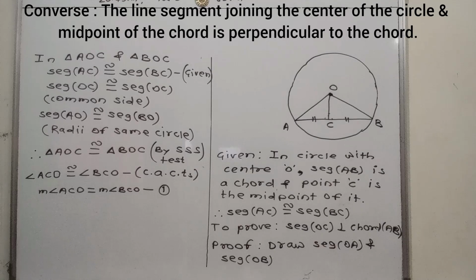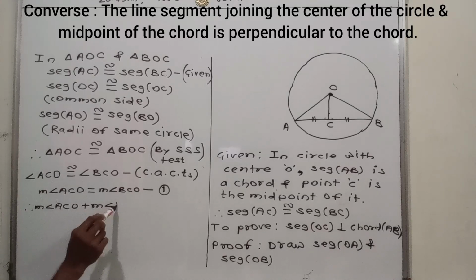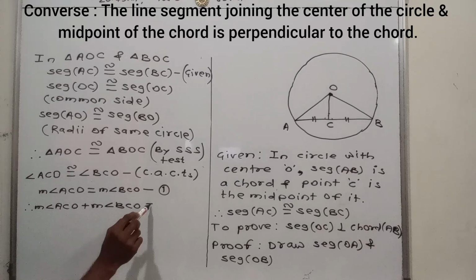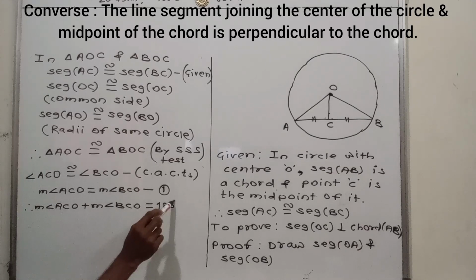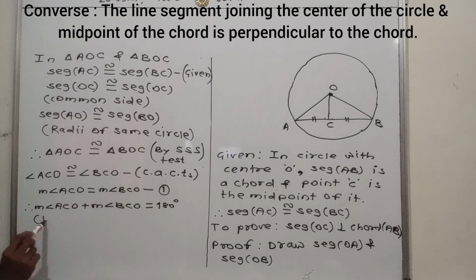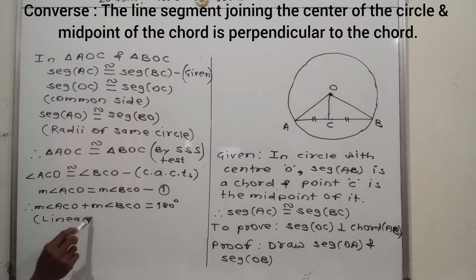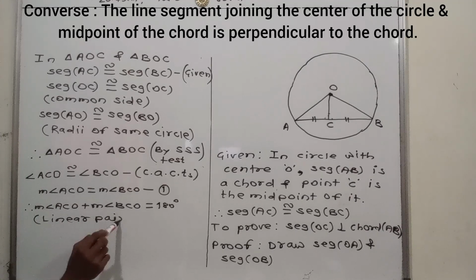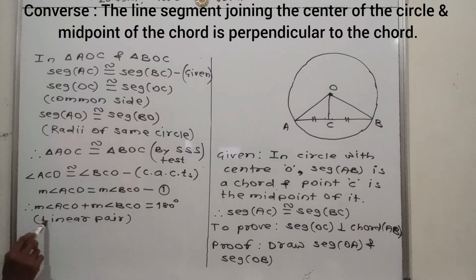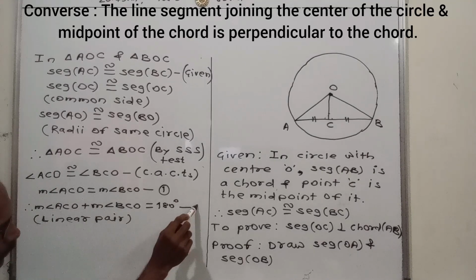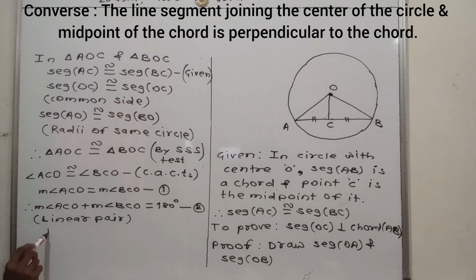Remaining three parts are congruent, but we want only one pair. Now, measure of angle ACO plus measure of angle BCO is equal to 180 degrees because linear pair angles. These are forming a linear pair. Did you get it? This is our equation number 2.